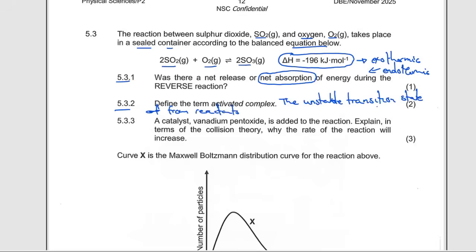So the activated complex is the unstable transition state from reactants to products.